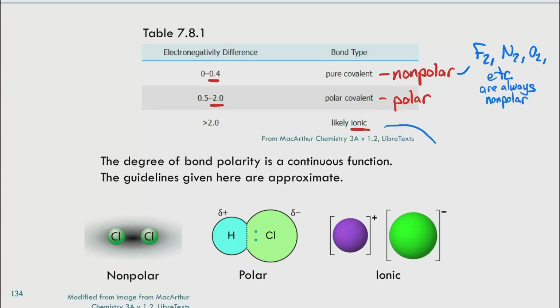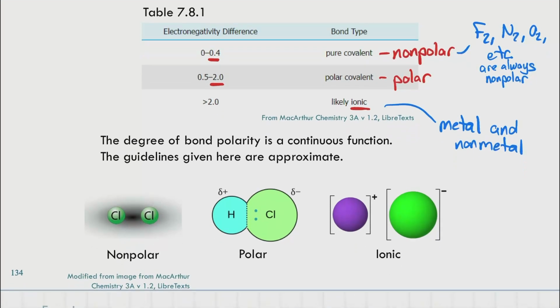And if we've got an ionic compound, something that's a metal and a nonmetal, then we can expect that to be an ionic bond, regardless of what the actual electronegativity values are. This works on a spectrum, so it's not like real hard, fast lines. These are just general rule of thumb, ballpark numbers.